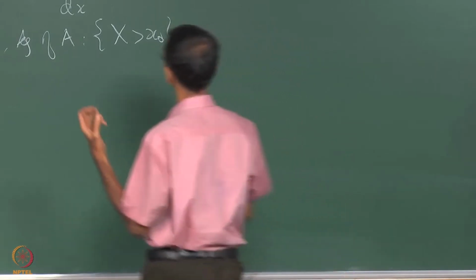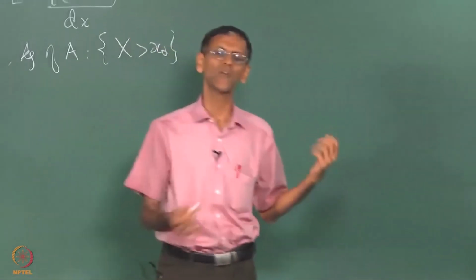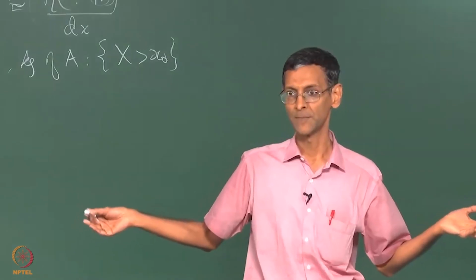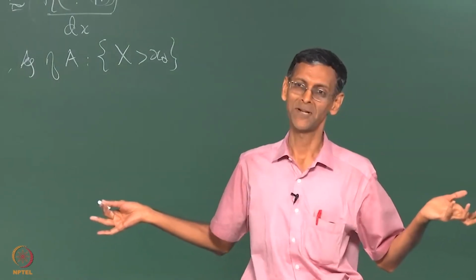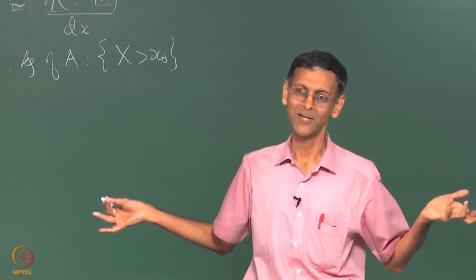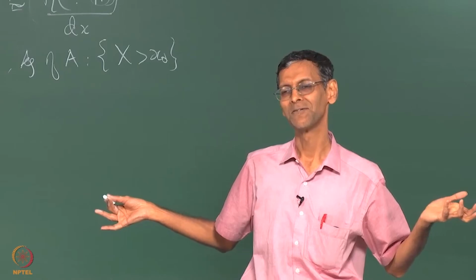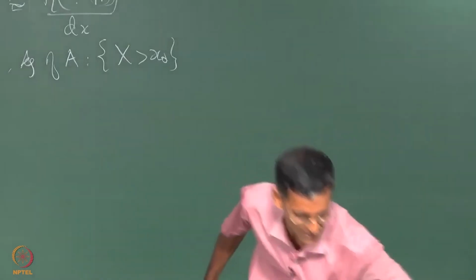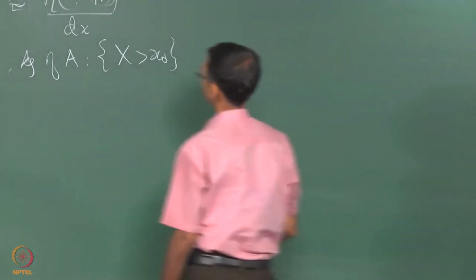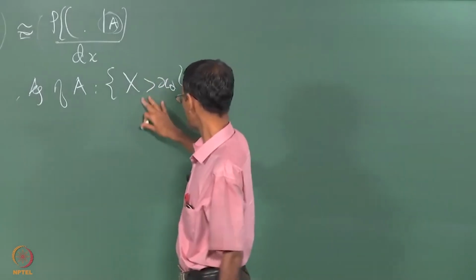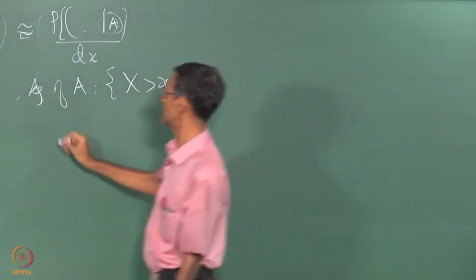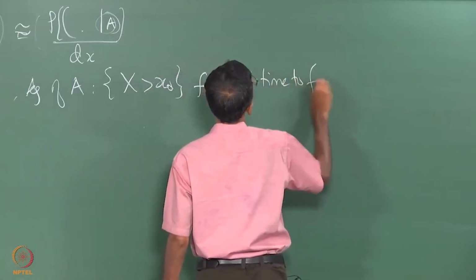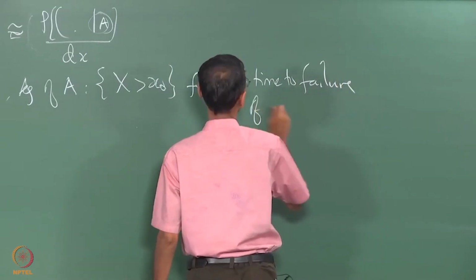So the original PDF of x could be the time to failure. Supposing x was the time at which the device failed, we died, to be very stark and blunt about it. So x could be a time to failure of some device.